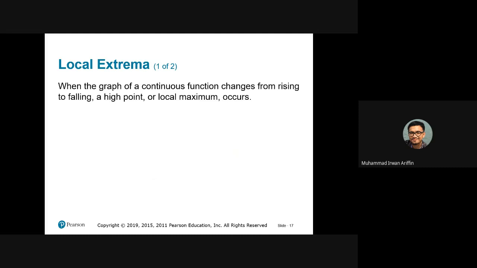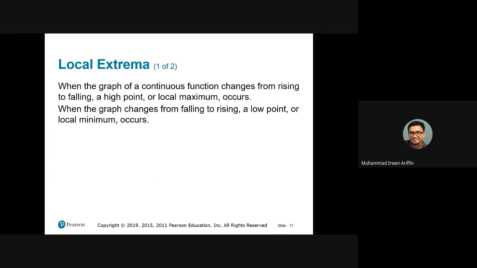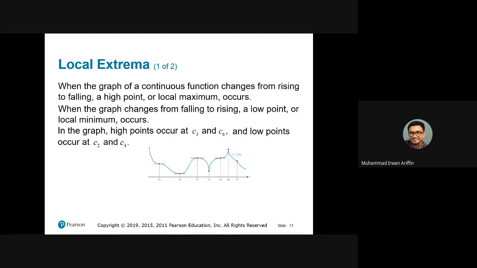That high point is what we call the local maximum. The opposite: when the graph changes from falling to rising, going down, down, down, and then starting to go up, we have a low point, or local minimum.